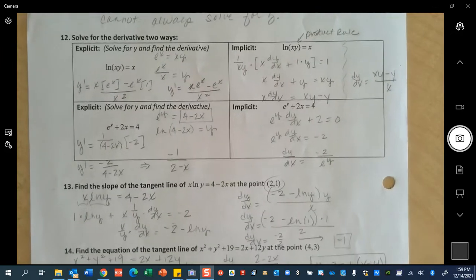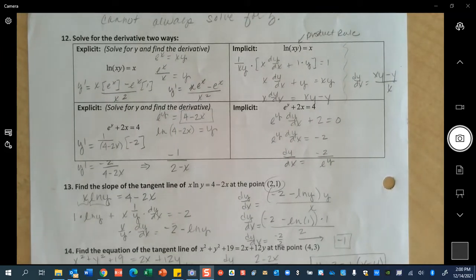When we solve these two ways, what's frustrating is that when you solve it explicitly, you get something that looks very different than when it's implicit. But if you want to test to see if you got it right, you can stick what you solved for y in for y. Here, y is equal to the natural log of 4 minus 2x. If I wanted to, I can stick that in there and see if I got the right answer.